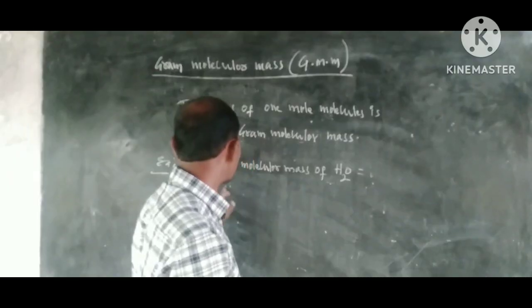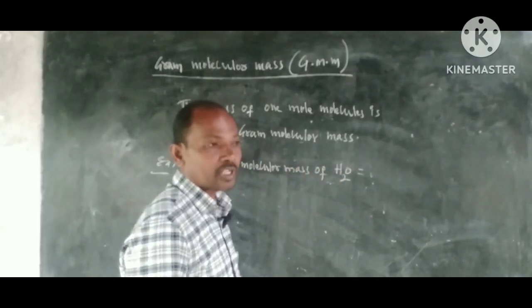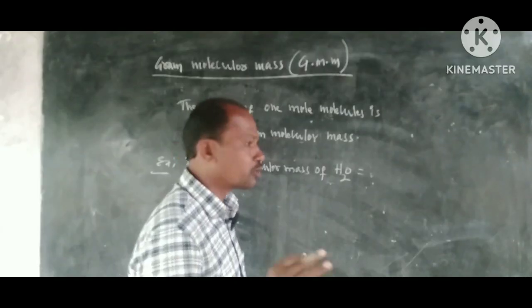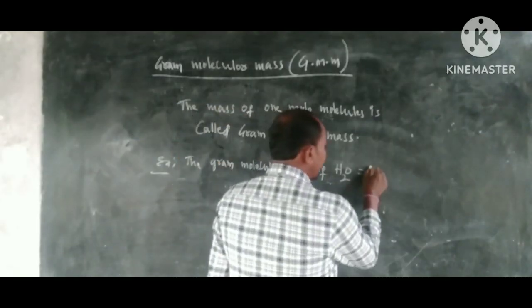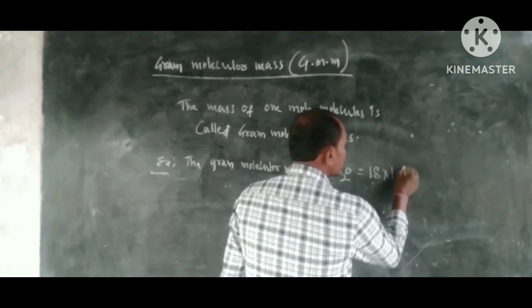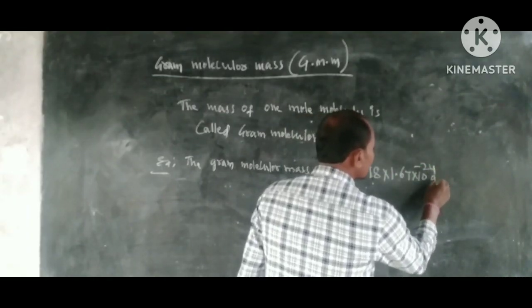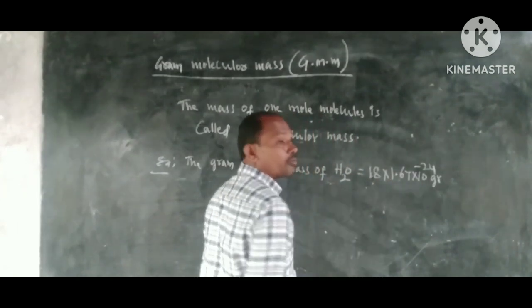But in this case, the gram molecular mass of H2O is equal to 18 into 1.67 into 10 power minus 24. That is the mass of 1 H2O molecule.